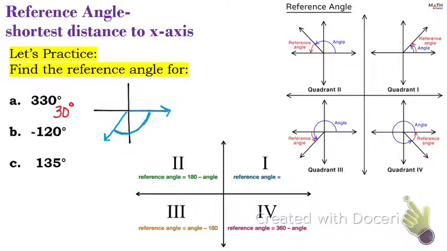So this would represent my negative 120 degree. And again, the reference angle would be the shortest distance back to x. So that would be this part here in yellow. So see if you can figure out what the measure of that angle would be.